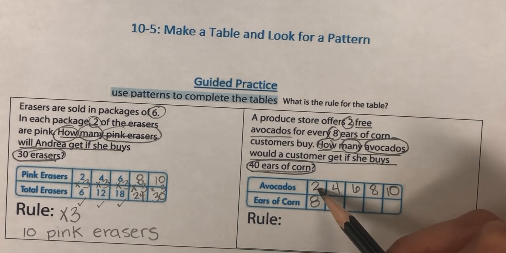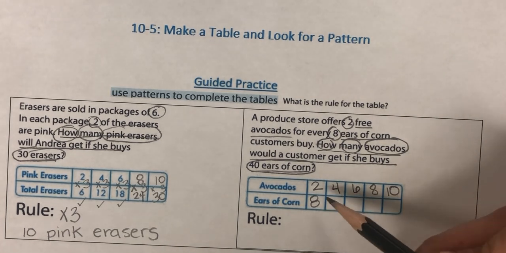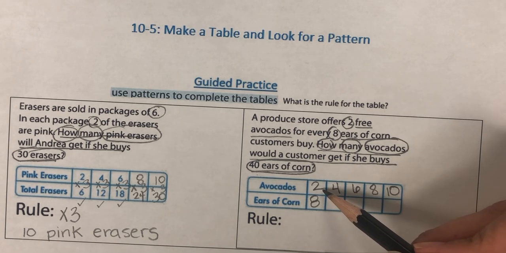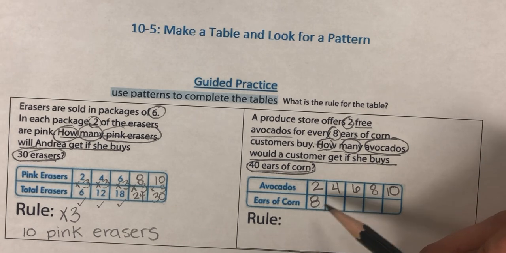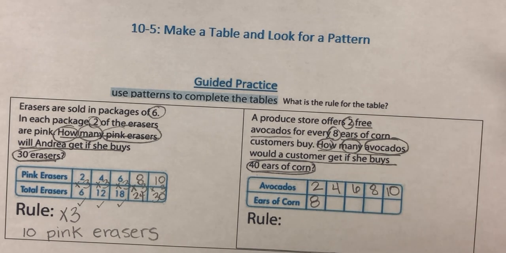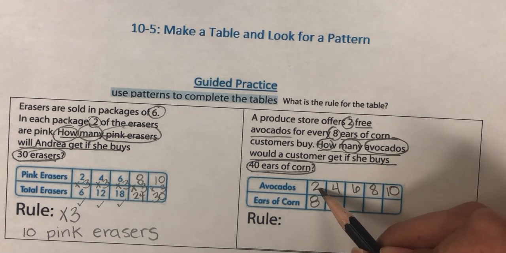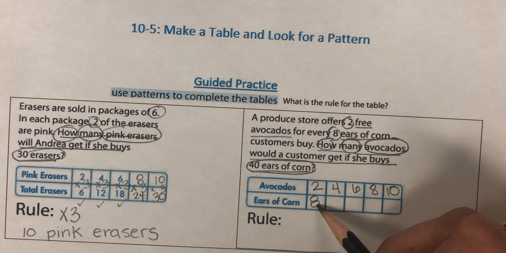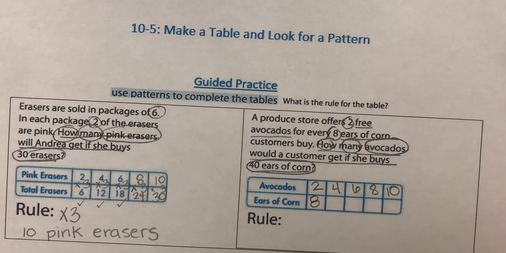So let's see, what could the pattern be? What can I do to 2 to make it equal 8? Is there a number that I can add, or a number that I can multiply, because my number is increasing? I know that 6 plus 2 equals 8, but I also know that 2 times 4 equals 8 as well.